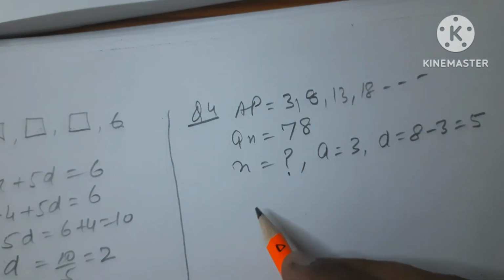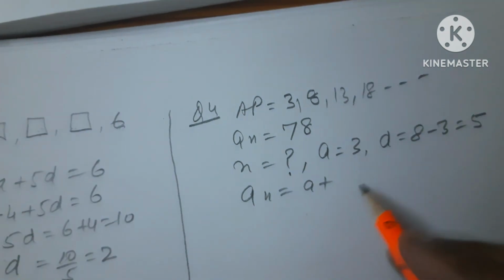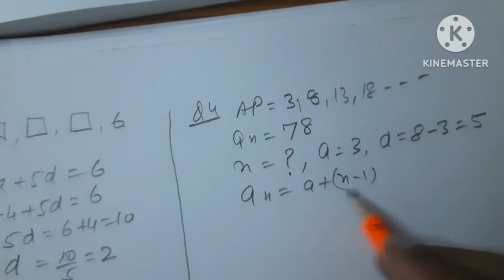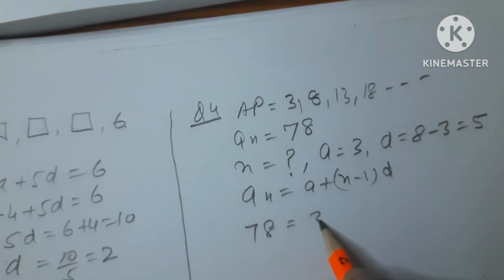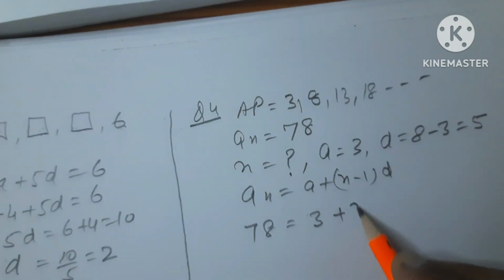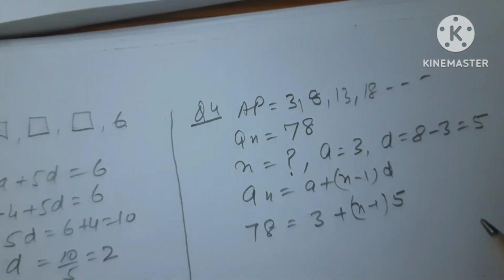So that means An is equal to A plus n minus 1 into D. 78 is equal to 3 plus n minus 1 into D, and D is equal to 5.